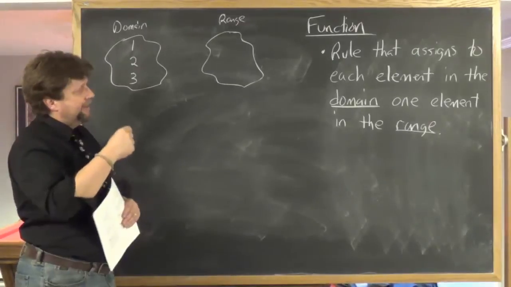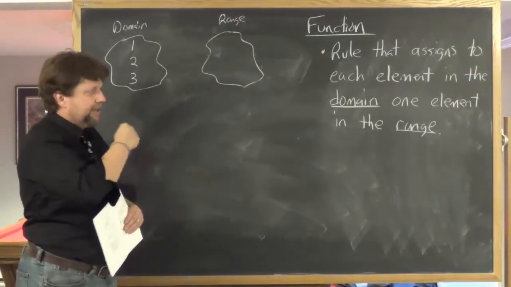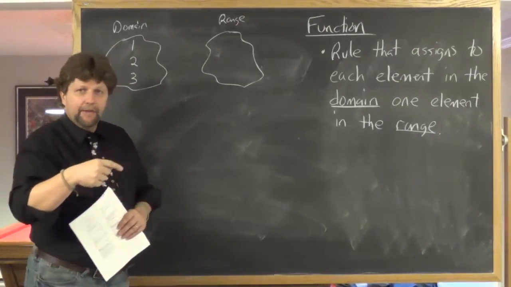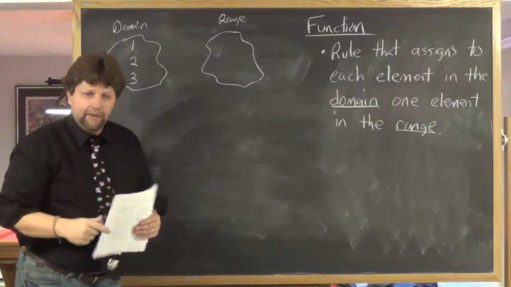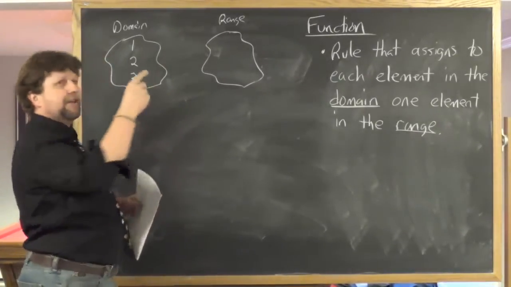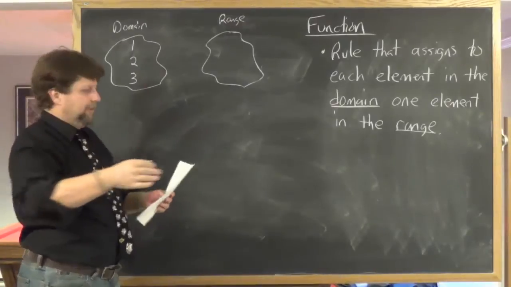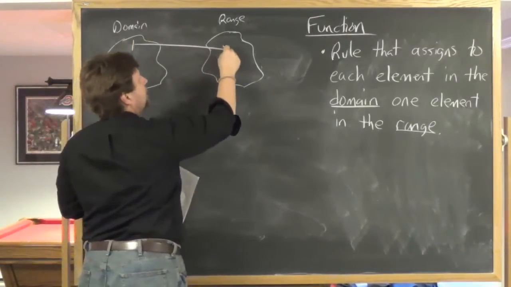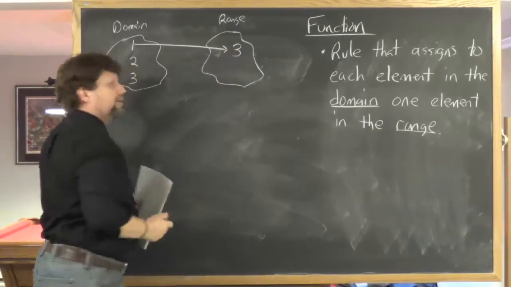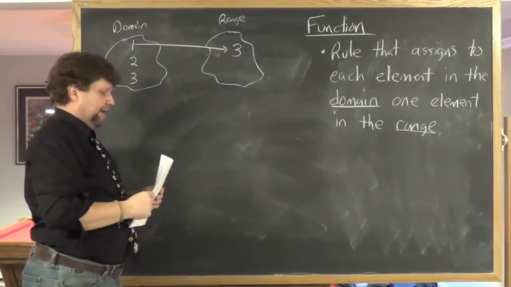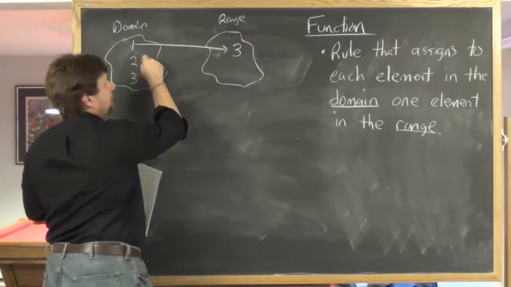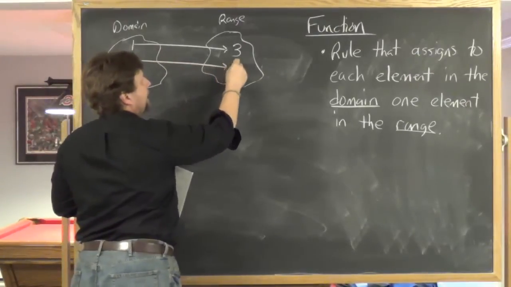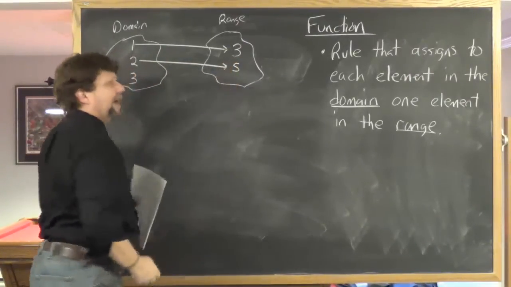When we say that a function is a rule that assigns to each element in the domain one element in the range, pictorially it would look kind of like this. Let's just say there's some rule. Don't know what the rule is, I don't care. There's some rule that's going to take the number 1 and send it over to the number 3. It's going to take the number 2 and let's say it sends it to the number 5.